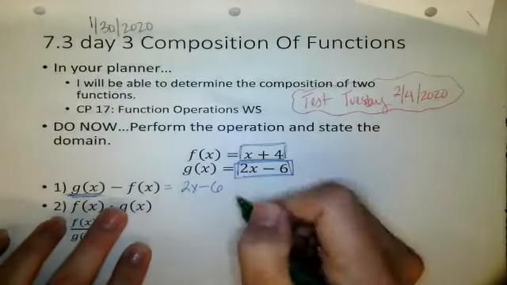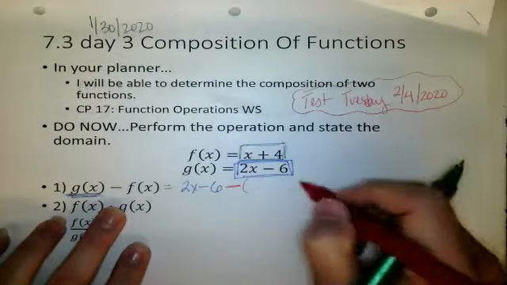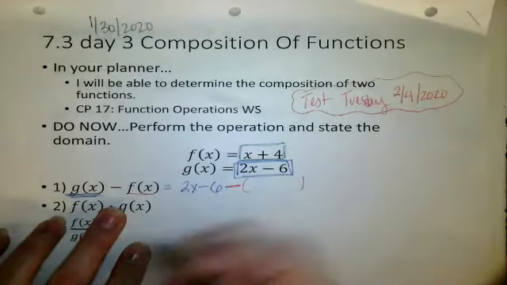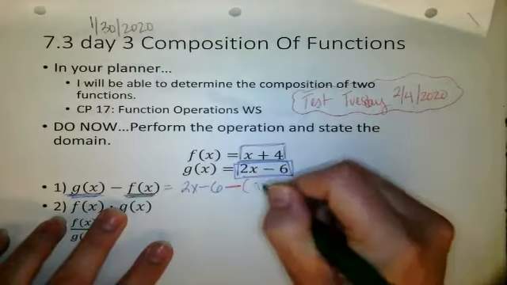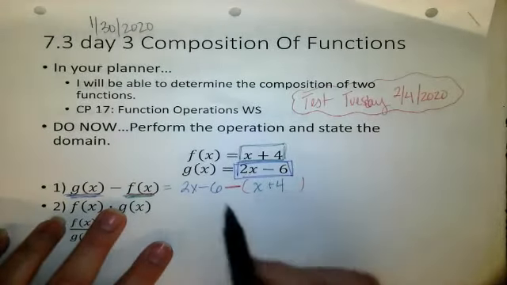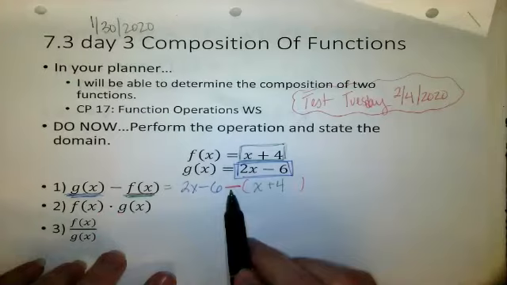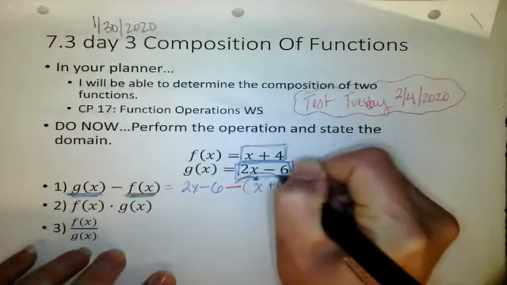And then we need to subtract. And this was subtraction. We wanted to be very careful. We want to subtract the entire thing. What can I replace f of x with? X plus 4. And with subtraction, what did we need to do with our negative? Distribute it. Yeah, so we do want to carefully distribute.